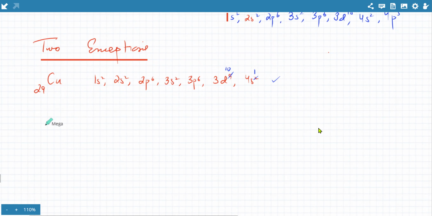And another exception that has to be remembered is chromium. It has a total of 24 electrons.